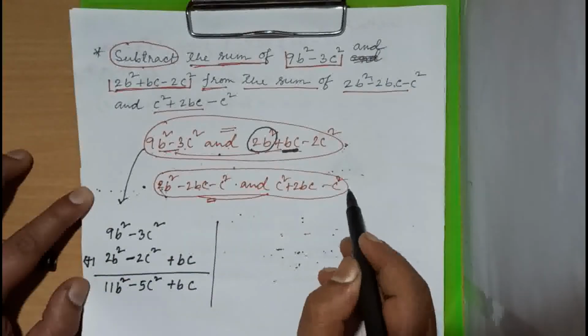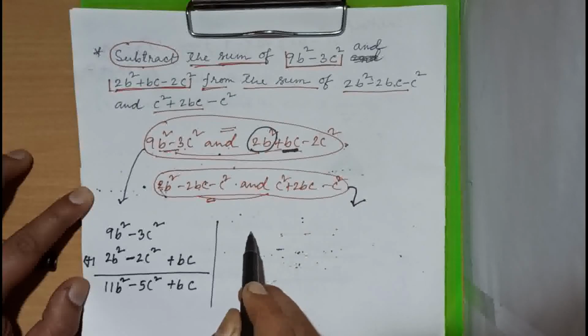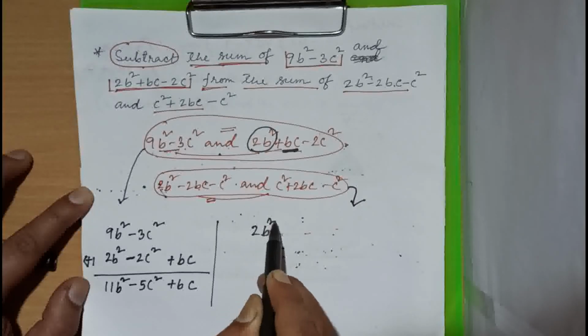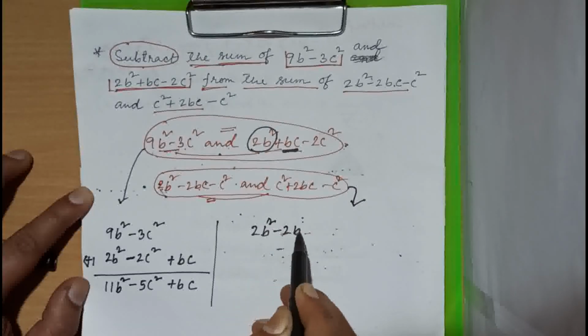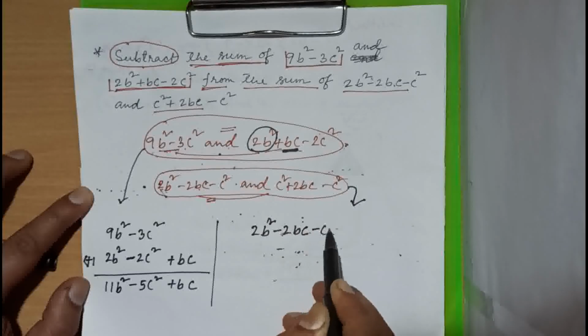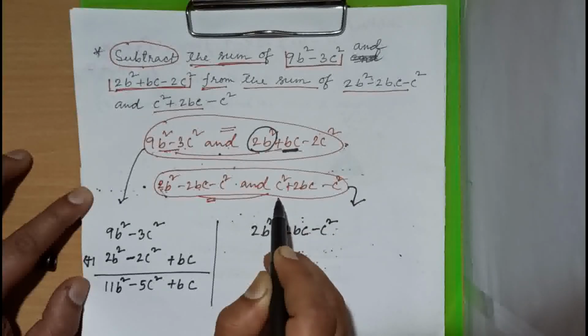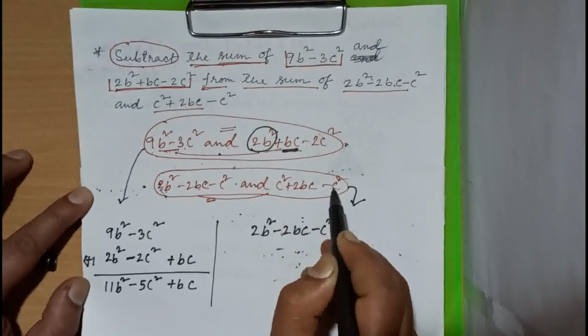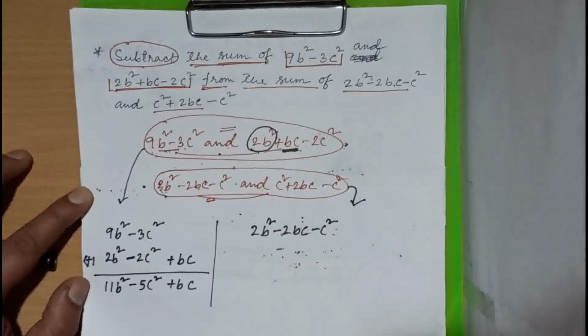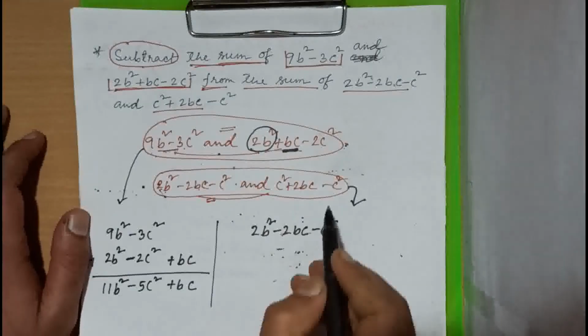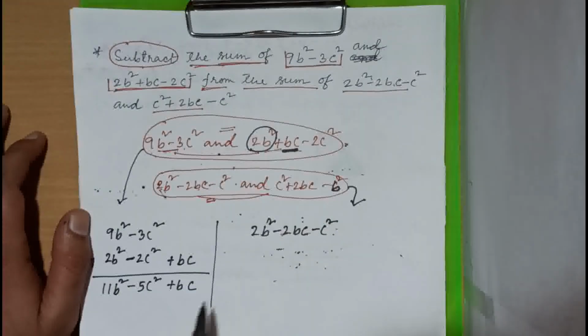Now we will find the sum of this. That is 2b square minus 2bc minus c square, and this one is your b square.